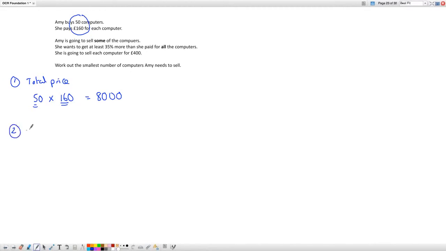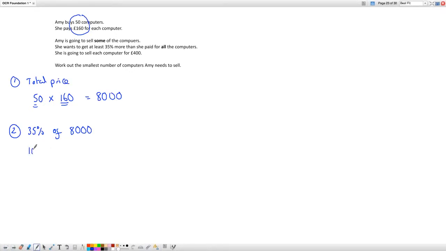Next, we need to find the 35% of the 8,000 because she wants to get more, at least 35% more. So we're going to find out the 35% and then add it to the price at the beginning.